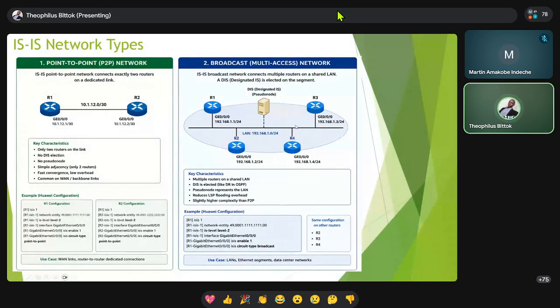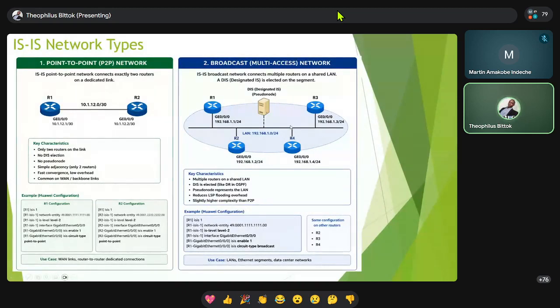Also, still on the election of the DIS, in ISIS the election is preemptive. Let's say another router joins this broadcast network, and it has a higher priority compared to all other routers in that broadcast network.